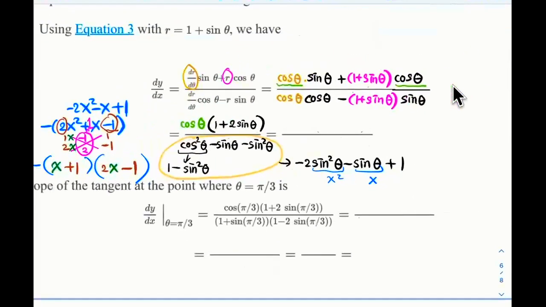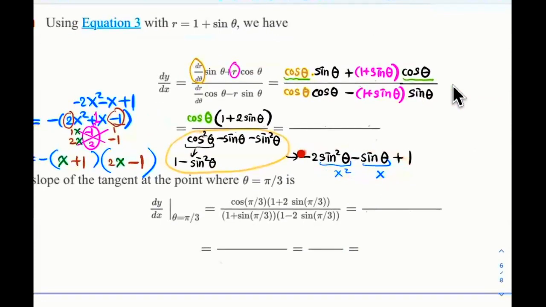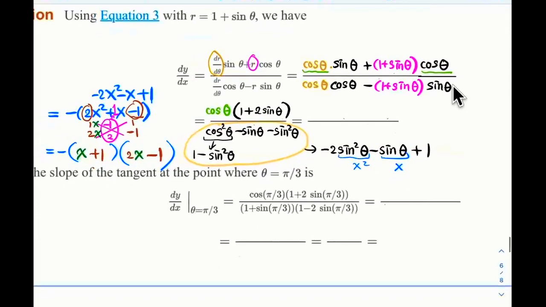Now, because later on we try to figure out when the denominator equals 0, it's better that I put this in factored form. So think about this sine theta as the same as this x. What should I put over here then? Replace this x here by what?